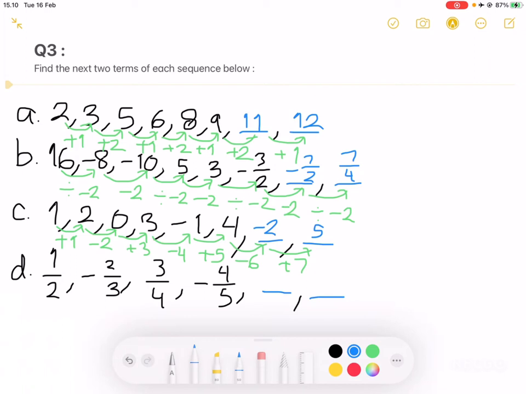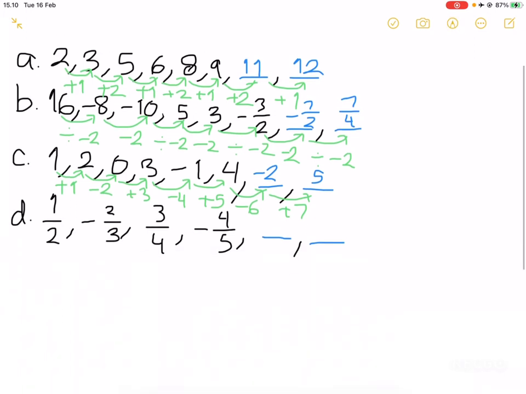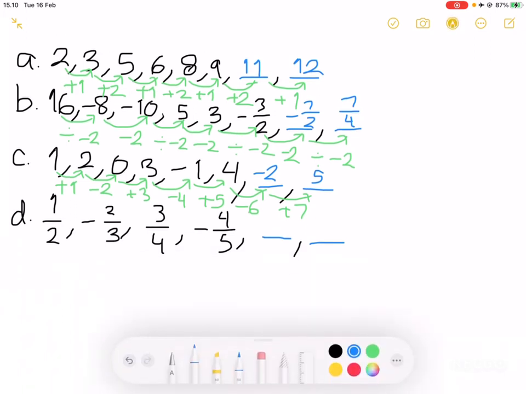Alright, for D is a pretty obvious one, but the only thing here is the signs kind of change as you go on with the sequence. So notice there's a pattern with the fractions right here.